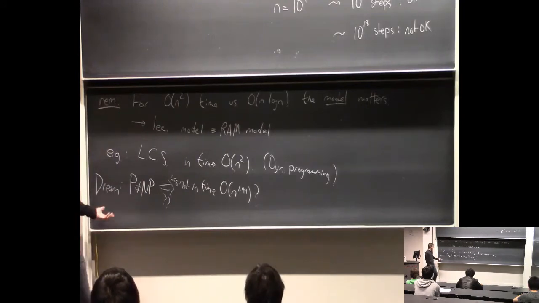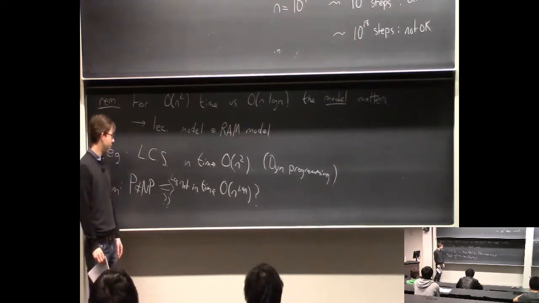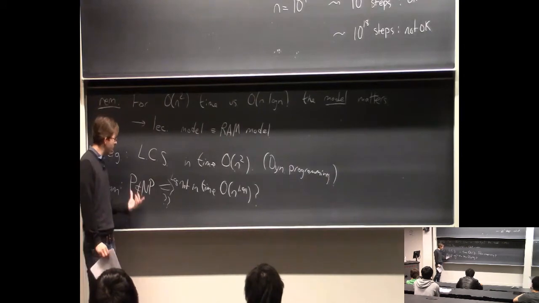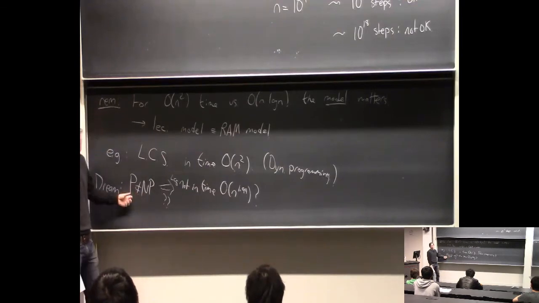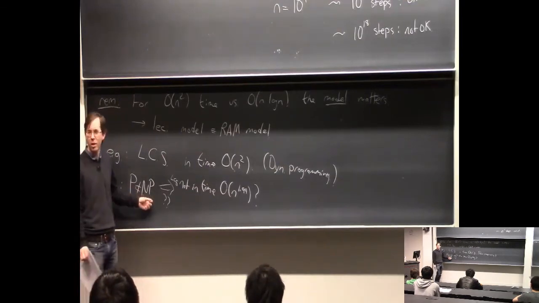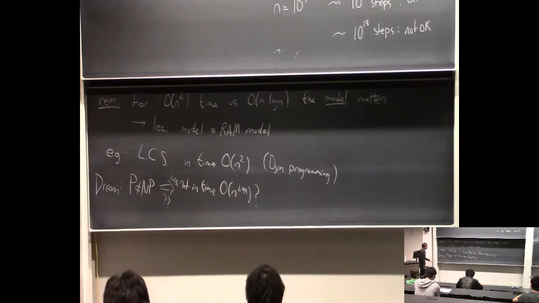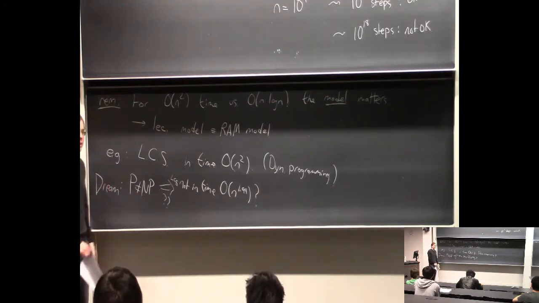Yeah, I don't know. It's somehow not very sensitive to the difference between n squared and n cubed and, I don't know, n to the 1.5, right? I mean, this is any polynomial in the running time. So I don't know. Anyway, we don't know how to do anything like this.